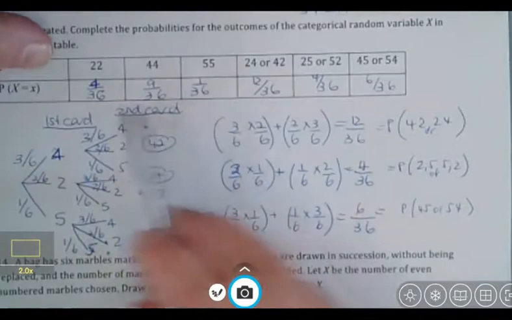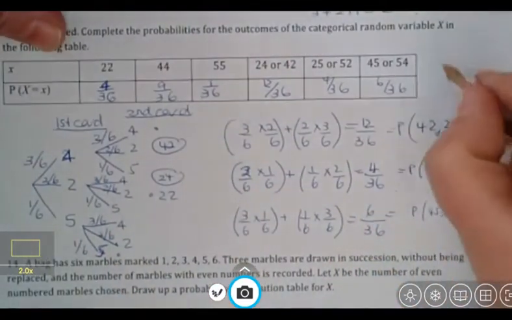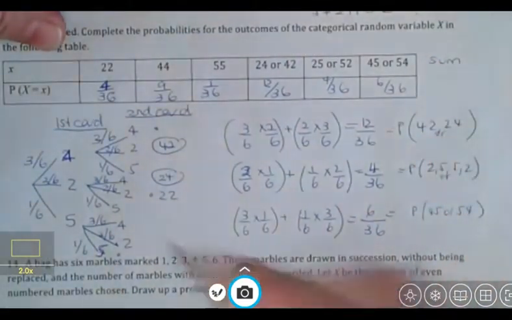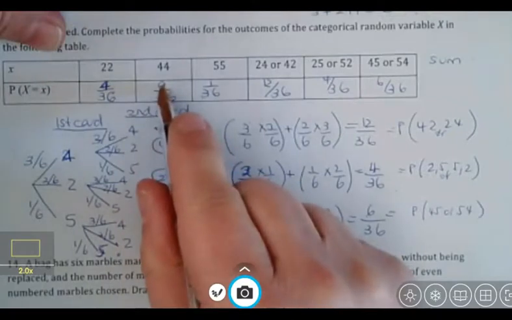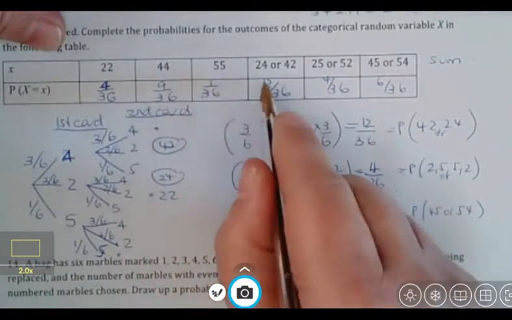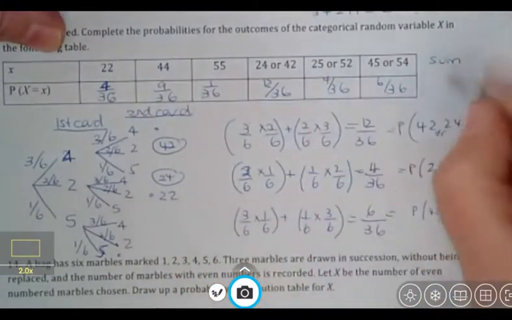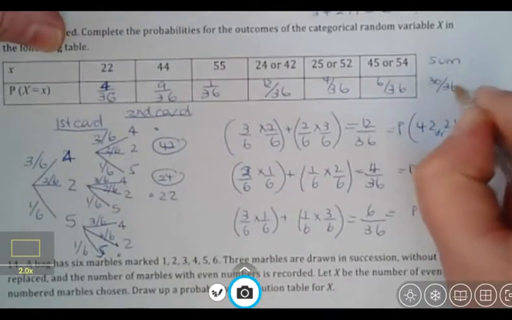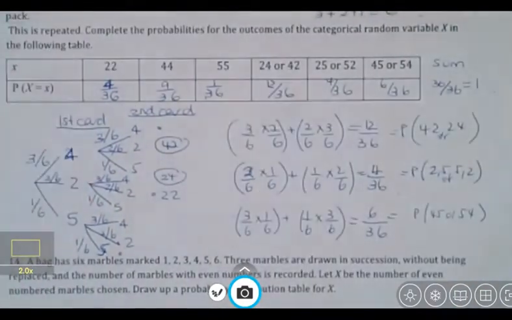Now we're just doing a quick check for the sum. So 4 plus 9 is 13. That's 14, 26, and another 10, that's 36. So the sum of all the probabilities is 1, and that's how you can tell that your table is correct.